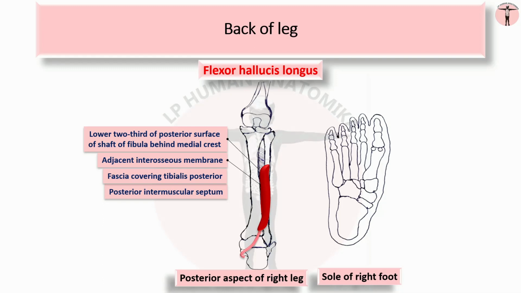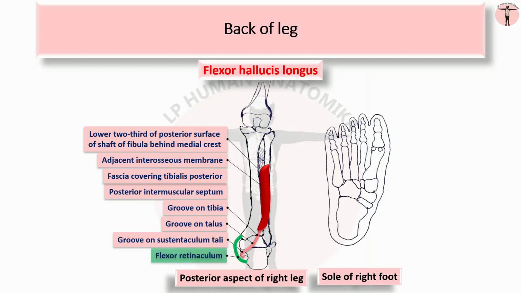In its course, it lies in a groove on the lower end of tibia. It also grooves the posterior surface of talus, then grooves the sustentaculum tali of calcaneus and, passing deep to flexor retinaculum, enters the sole.